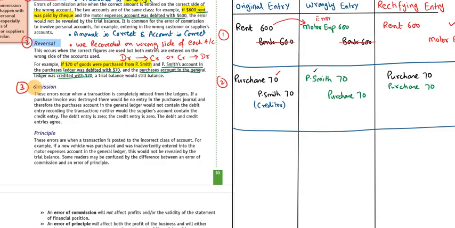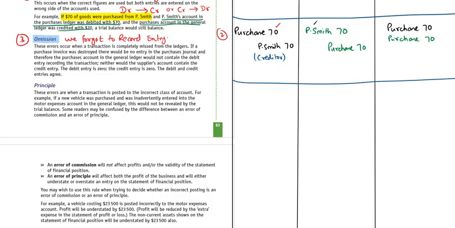The word omission means we forget to record. So this is the easy one. If we forget to record, we will record it again. So there is no surprise here.